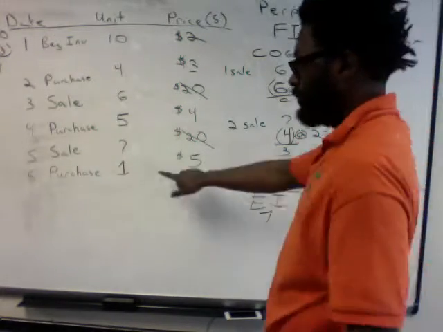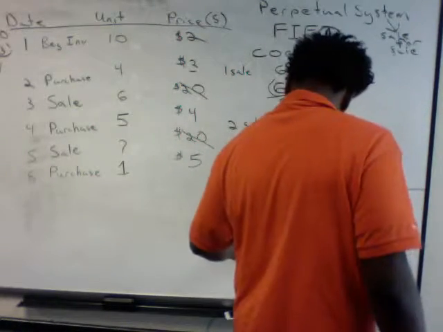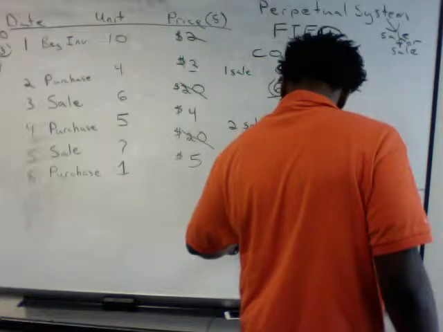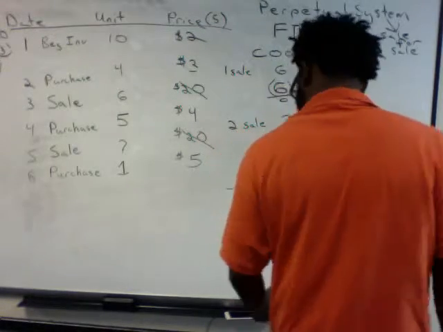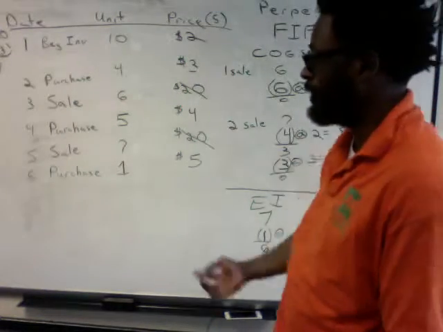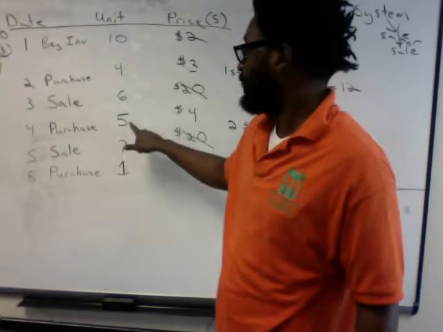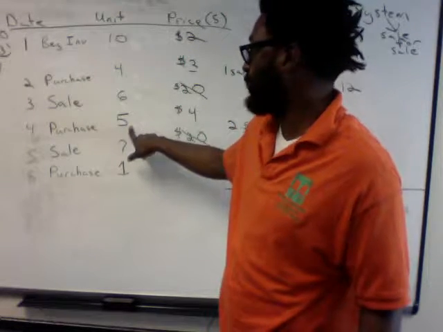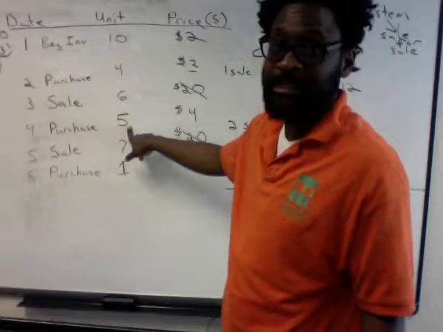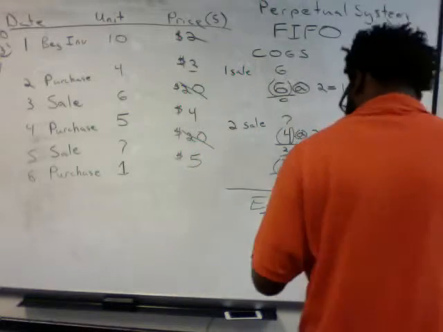So the first unit that we did not sell, working from the bottom up, will be the first purchase. We didn't touch that. That was at $5. We're going to subtract that to get 6 more to look for. And we're working up, right? We're working for what units we have left. Did we sell anything out of this purchase of $4? No, we didn't. We didn't touch anything. So we have 5 units out of this purchase of $4 that we didn't sell.